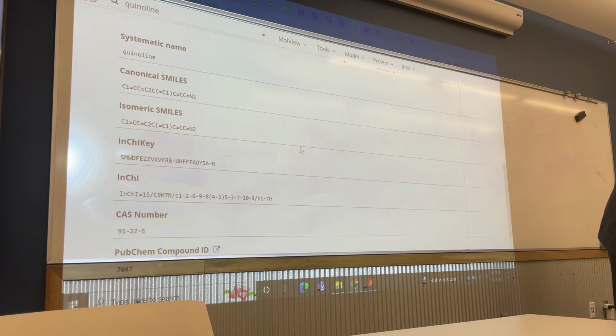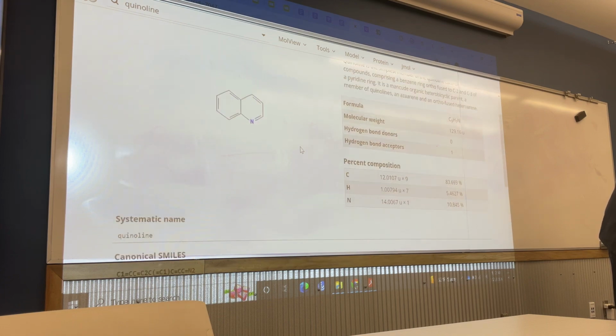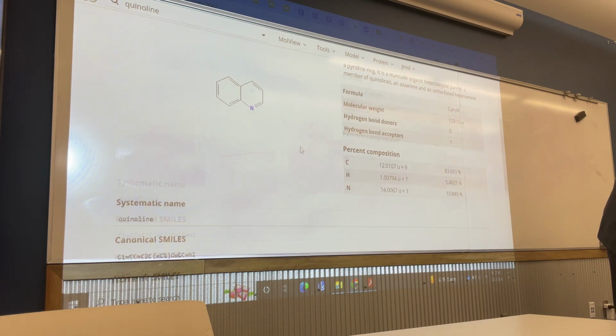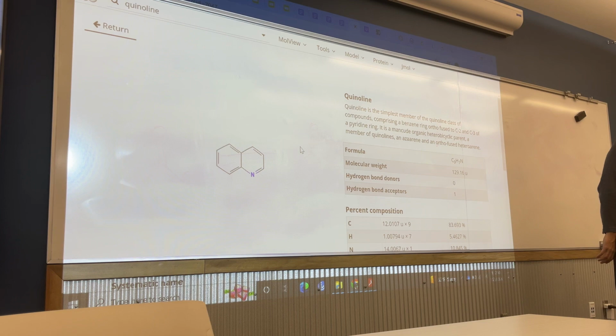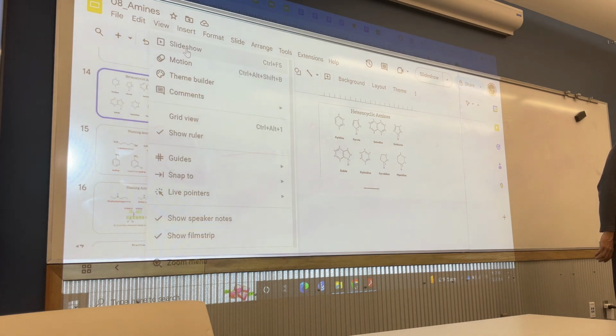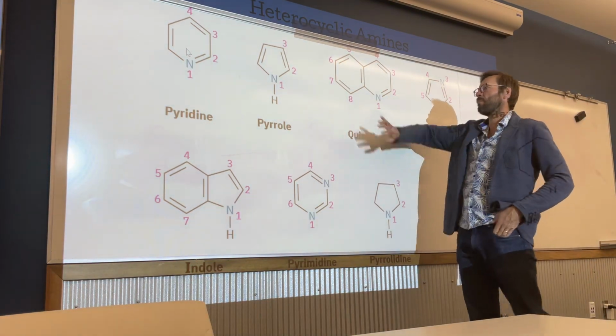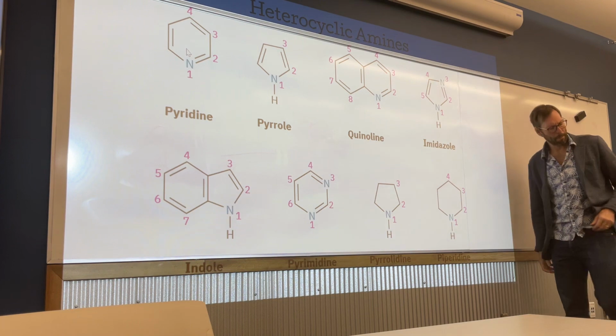There we go. It's quinoline. So they don't even have IUPAC for those kinds of things. That is the systematic name. But I don't think it's worth your time memorizing all of these things.